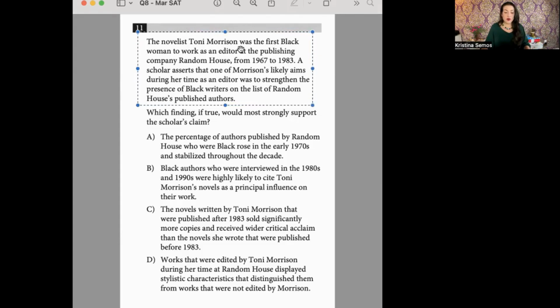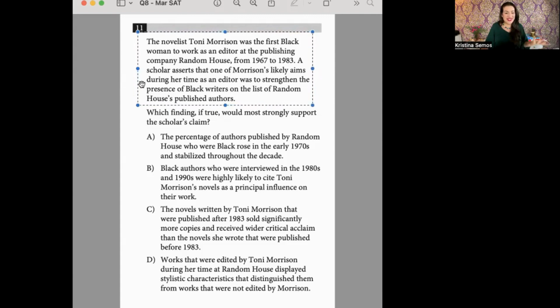The novelist Toni Morrison was the first Black woman to work as an editor at the publishing company Random House from 1967 to 1983. A scholar asserts, here it is, that one of Morrison's likely aims during her time as an editor was to strengthen the presence of Black writers on the list of Random House's published authors. Cool.